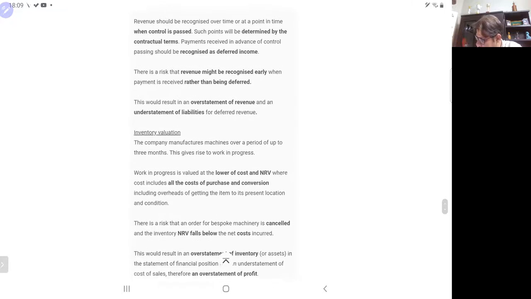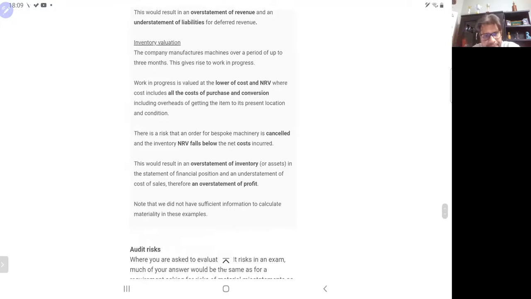In the same way, you can write it for inventory valuation. The company manufactures machines for a period of up to 3 months. This gives rise to work in progress. Work in progress is valued at the lower of cost or NRV, where cost includes all costs of purchase and conversion, including overheads of getting the item to its present location and condition.